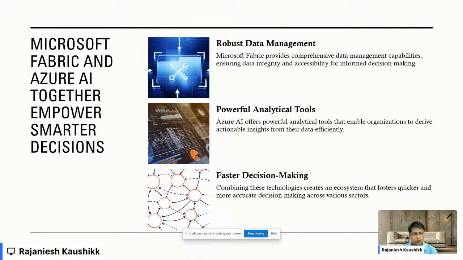It also helps you make very insightful, informed decisions. It has AI capability built into it, which adds a powerful analytical tool of its own. That combination of a powerful analytical tool with robust data management helps you make powerful decisions in a much faster way. So these are a couple of the changes which happened when Fabric came into the picture.